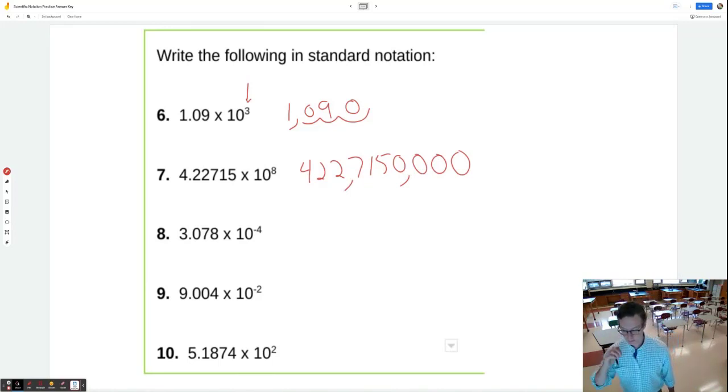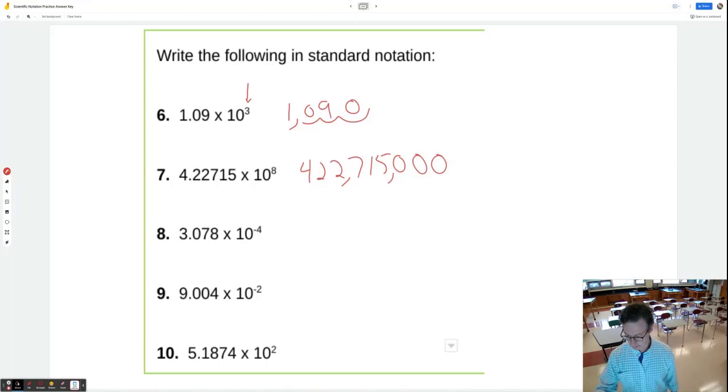We added 8 places. 4 of them were zeros. 4 of them were digits that were already there. Did I mess that up? 1, 2, 3, 4, 5, 6, 7, 8. I did. I added an extra 0. I've already said adding and missing a 0 can make a big difference, which they sure do here. So it's really 422 million. Okay, so 8 places, I did 9. So you got to catch yourself, check yourself before you make those mistakes.